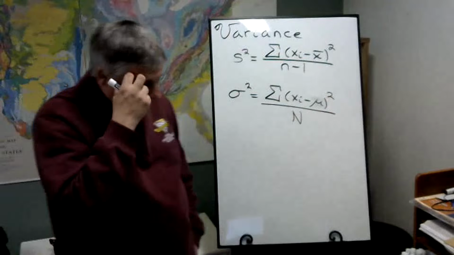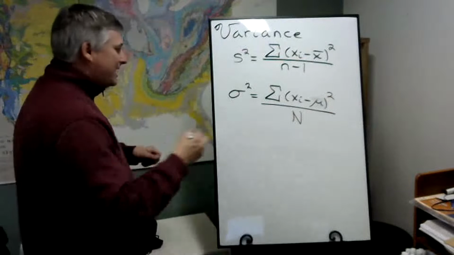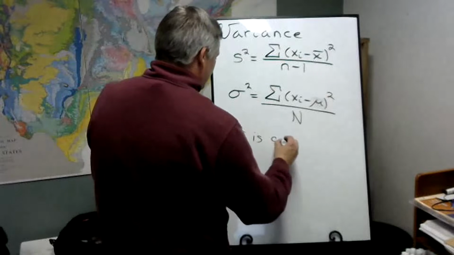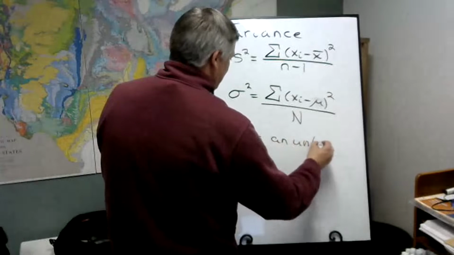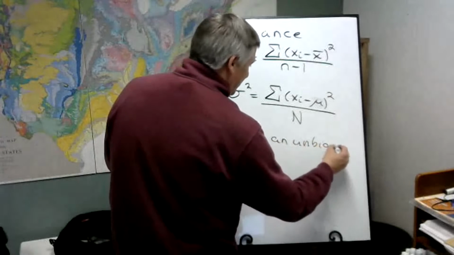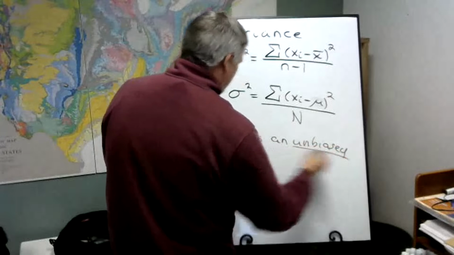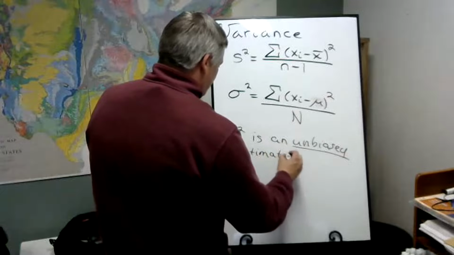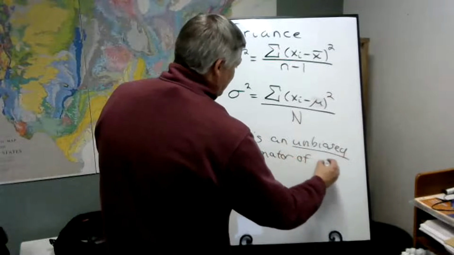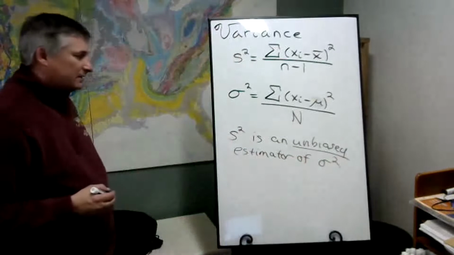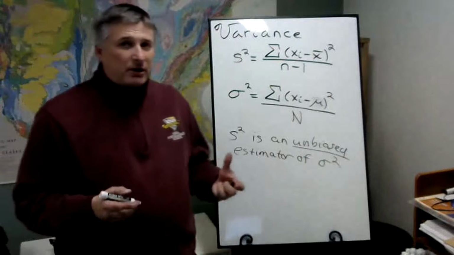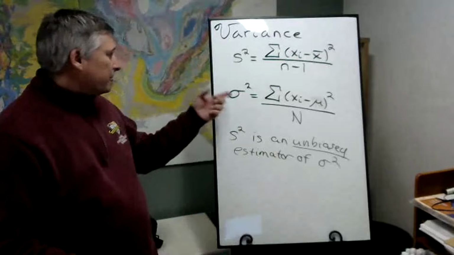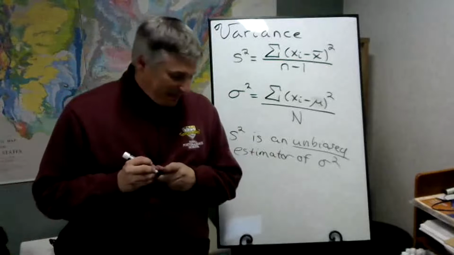The good news here is that s squared is an unbiased estimator of sigma squared. So you can use s squared if you want an unbiased measure of spread, the variance.